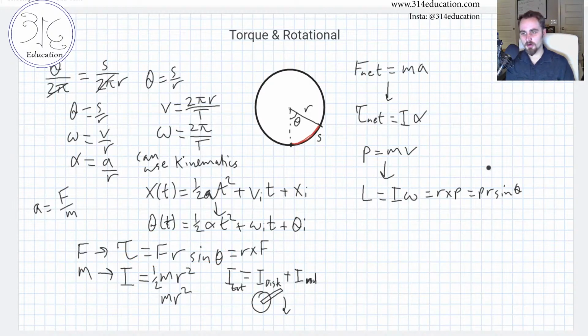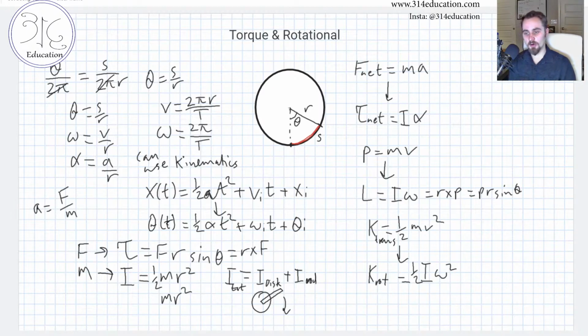And then for our last one, we touched on this a little bit earlier, is our kinetic energy. So our linear kinetic energy, I guess we'll call this translational, was 1/2 mv squared, and this goes down to our rotational, which would be 1/2, instead of m, we use an I, and instead of a v, we use an omega. So 1/2 I omega squared.